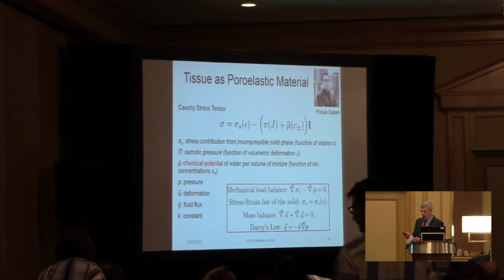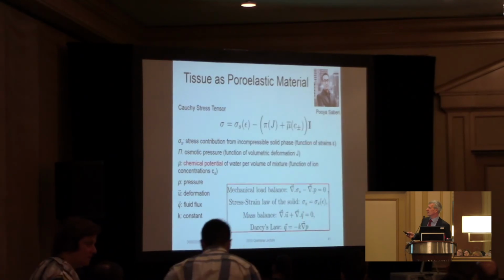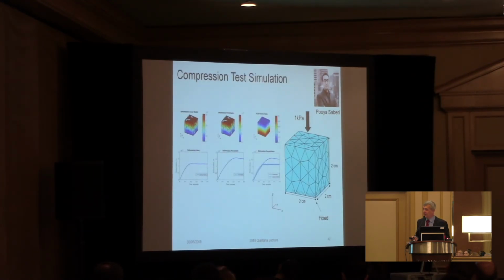So what we are doing then is to develop mathematical models of poroelasticity that include the influence of chemical potentials to model the transport of fluid within the vocal fold in response to mechanical stressors. And so these are finite element models.